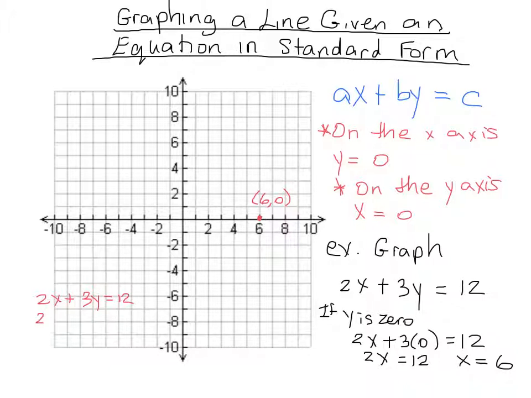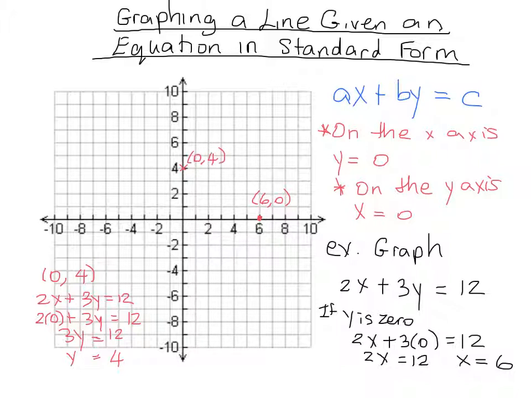So we have 2 times 0 plus 3y gives us 12. 3y will give us 12 in that case, and therefore y is equal to 4. So our y-intercept we figured out because when x is 0, y is 4, and so that's the other point on our line, 0, 4.